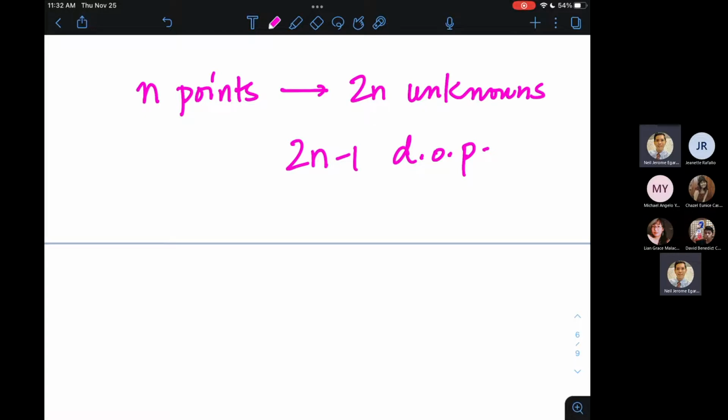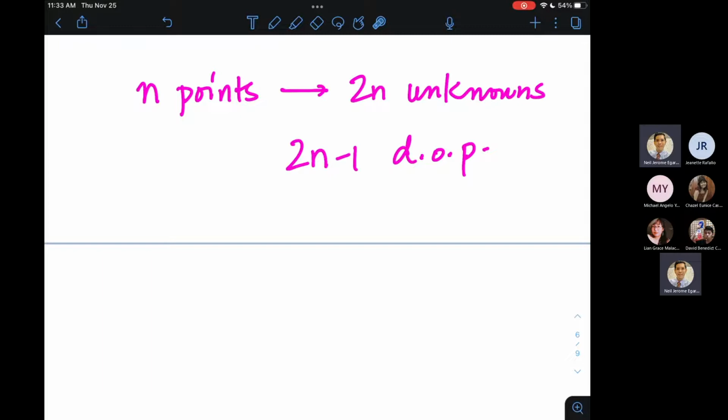So meron tayong 2n unknowns at if we will write down the condition for achieving a degree of precision 2n minus 1. Kasi para maging degree of precision 2n minus 1, dapat eksakto yung integral na ibibigay niya para kay f equals 1, f of x equals x, f of x equals x squared, f of x equals x cubed, hanggang x to the power 2n minus 1.